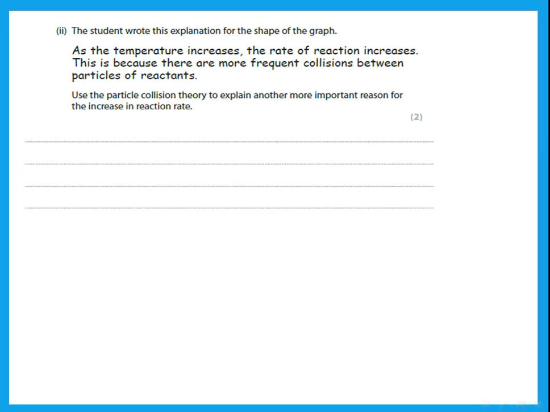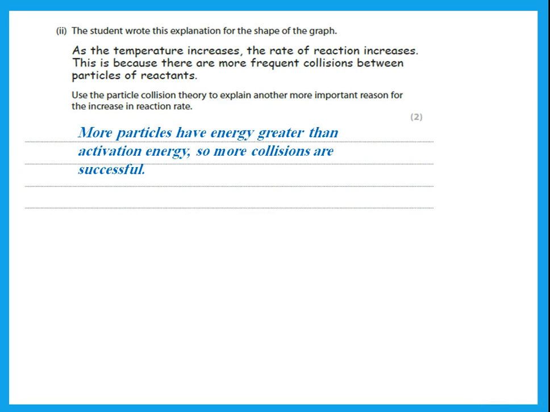As the temperature increases, the rate of reaction increases. This is because there are more frequent collisions between particles of reactants. Use the particle collision theory to explain another more important reason for the increase in rate. Remember that we said at higher temperature, the rate increases. Why does the rate increase?